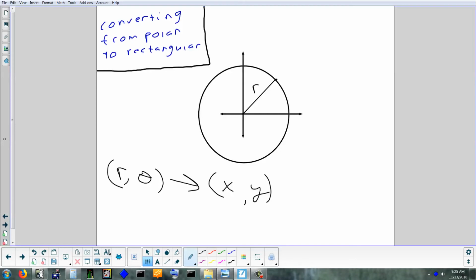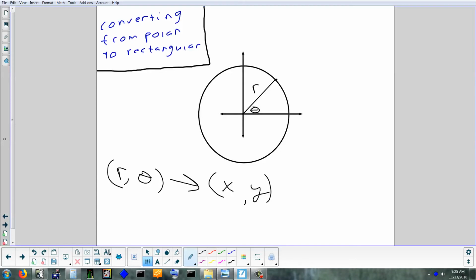So I want to get rid of the R and the theta, and eventually I want to have an X and a Y. And I'm going to use that diagram to do it. Okay. Theta is right there. That's your angle that you moved from the x-axis, positive x-axis, to that line.